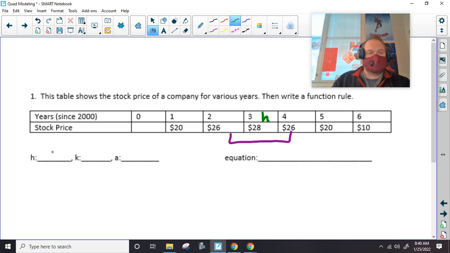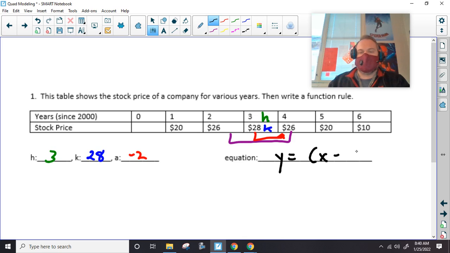This is our H. The 28 is our K. All right. Now, to find our A value, how did we go from 28 to 26? Yeah, I heard it before. The other person said it, and that's it. Okay.